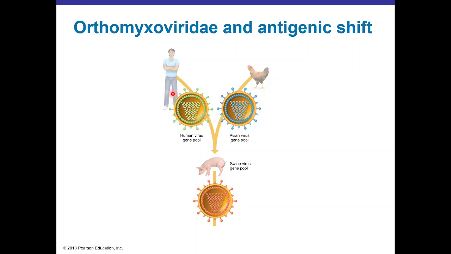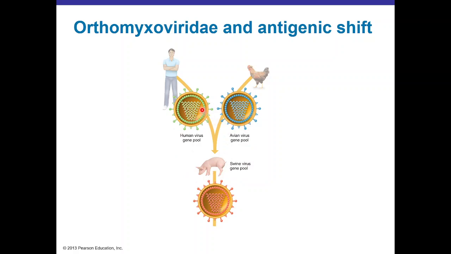So we have the influenza virus, which is part of the Orthomyxoviridae family, that can infect humans, but also can infect avian species and swine species. Now, a person can be co-infected with avian viruses or swine viruses. And then you have here the representation of human virus gene pool, avian virus gene pool, and swine virus gene pool. Through close contact with these species, you can have changes.